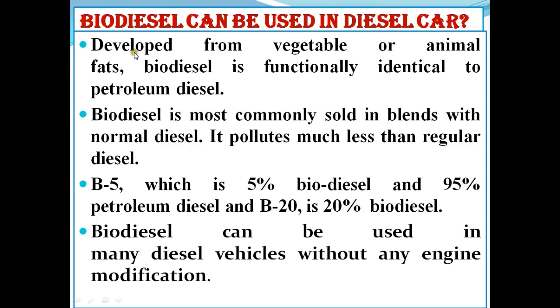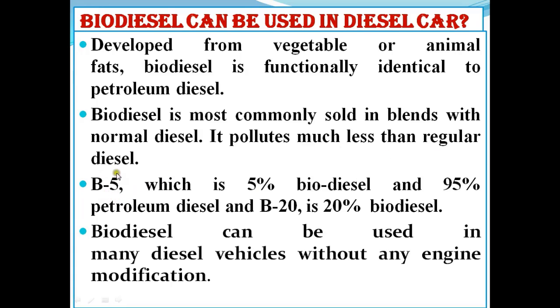Also we can say that biodiesel, developed from vegetable or animal fats, is functionally identical to petroleum diesel. Biodiesel is most commonly sold in blends with normal diesel. It pollutes much less than regular diesel.